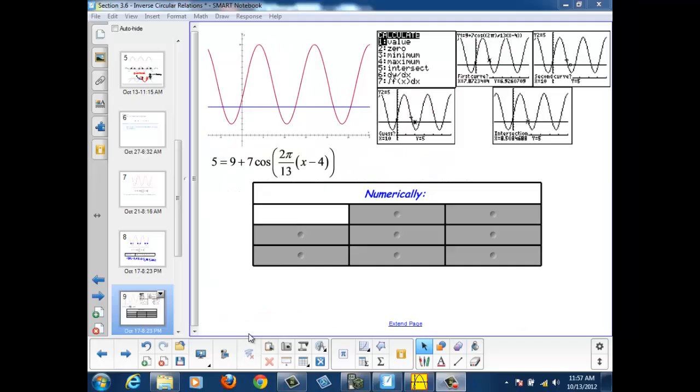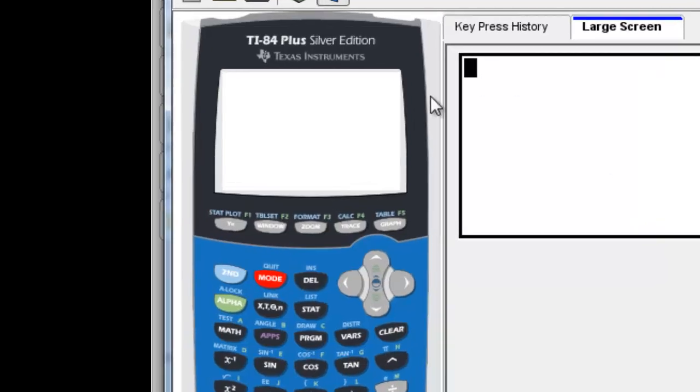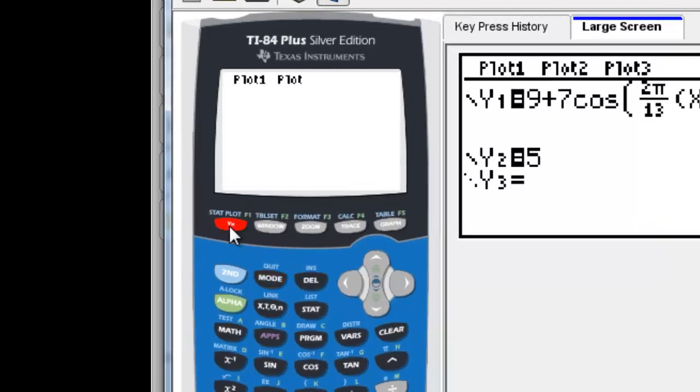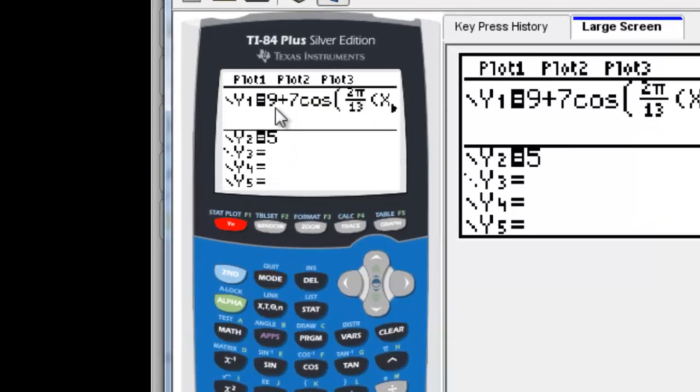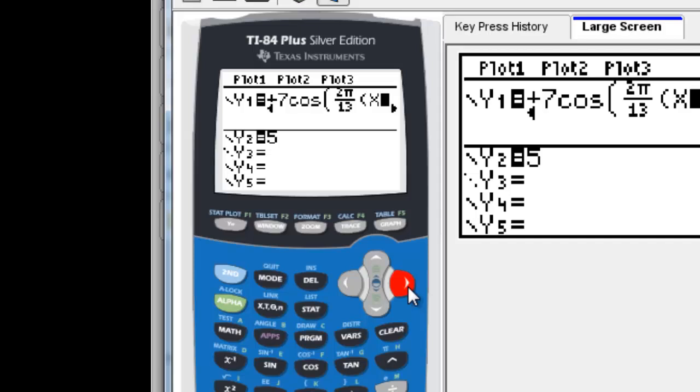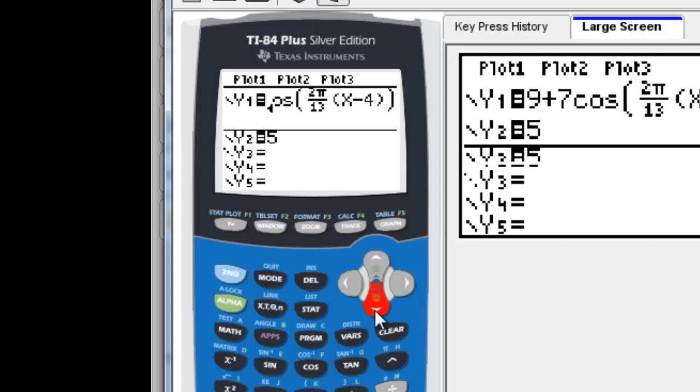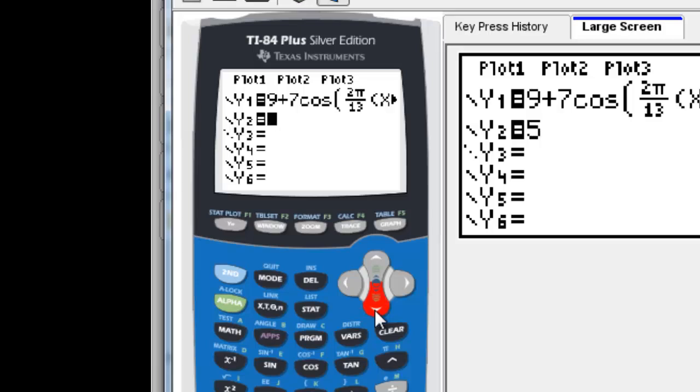Our numerical approach requires the use of our graphing calculator. I've put the sinusoid into y1, 9 plus 7 cosine 2 pi over 13 times x minus 4. In y2, I've put the line y equals 5.